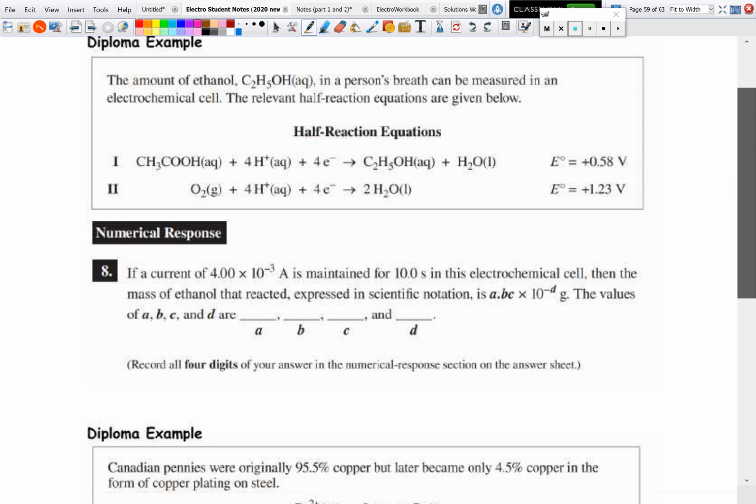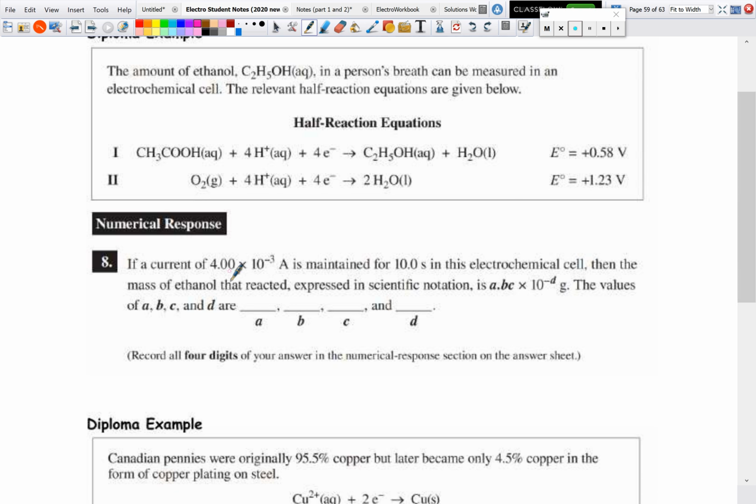And what we have for the question, if a current of 4 times 10 to the negative 3 amps, that unit is fine, is maintained for 10 seconds, that unit is fine as well, in this electrochemical cell, then the mass of ethanol that reacted, expressed in scientific notation, is A decimal BC times 10 to the power negative D grams.